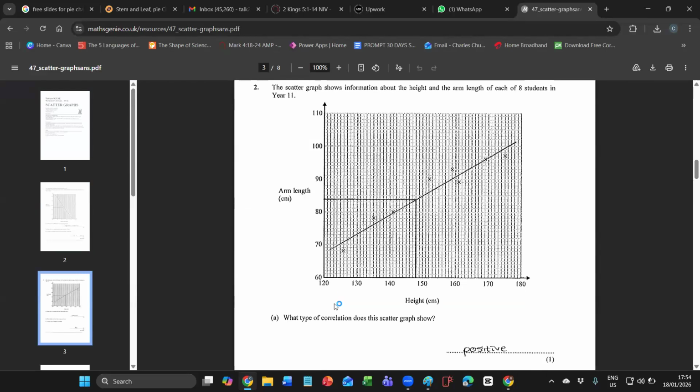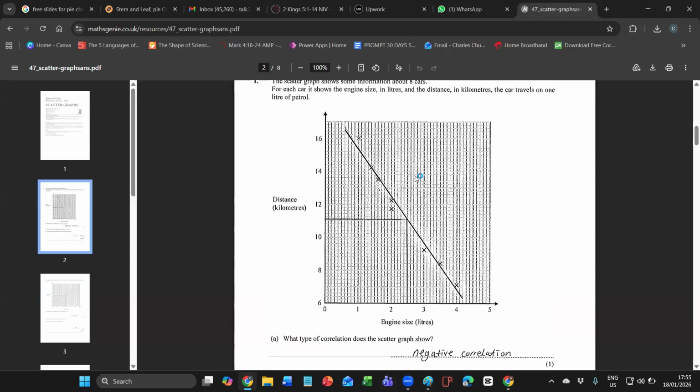So essentially, the concept of scatter graphs has to do with the fact that not all the points are on the line, right? So let's see what kind of questions could come from this. Let me start with the first one.